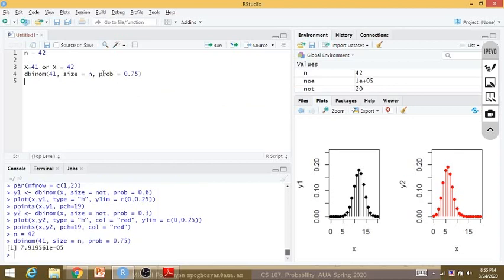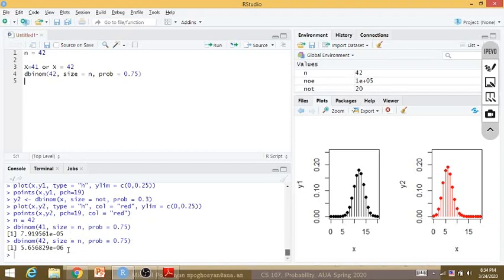So this alone will give the probability that 41 persons among 42 reservers will show up. The probability is very small. Okay, then if I change this to 42, this will give the probability that all persons among that 42 will show up, and that is small again, 10 to the minus 6th order.